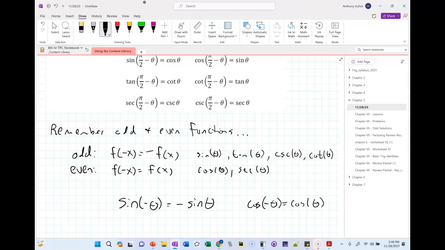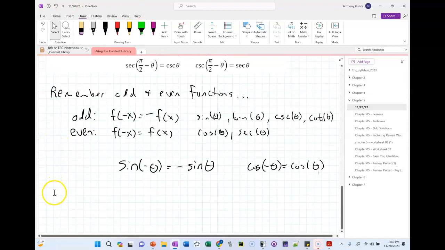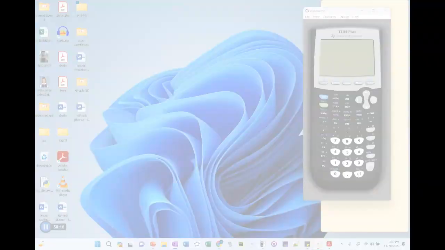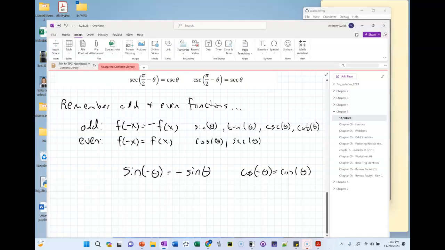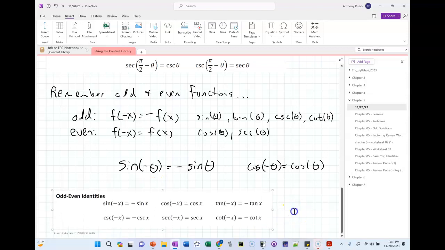Those are identities. We can write 6 of those, one for each of our trig functions. That is all the identities we're going to be looking at in this course.